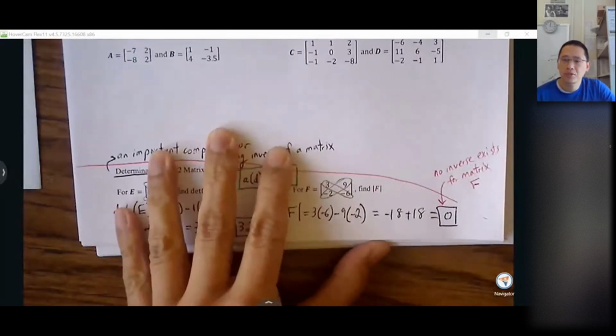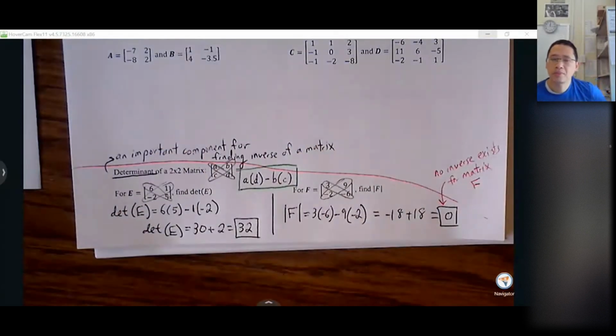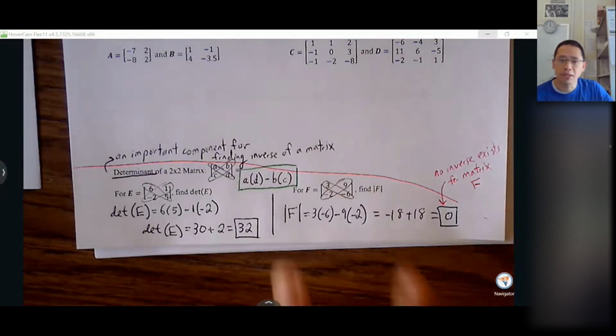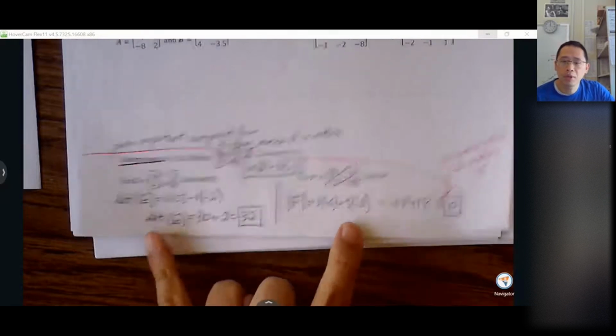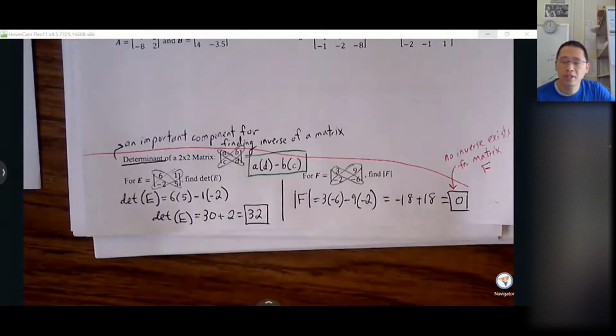Right now we can just put that as a side note, but we will get to this when we learn more fully about how to create the inverse of a matrix. But this is an important component. Are we okay with finding the determinant?